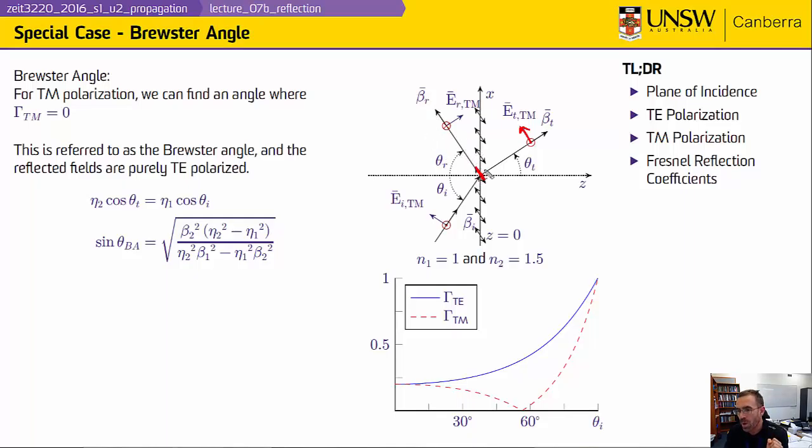So from a physics standpoint, the oscillating charge at this surface cannot produce any electric field for the reflected wave. That's an intuitive explanation as to why, at the Brewster angle for this polarization state, you have no reflected wave.